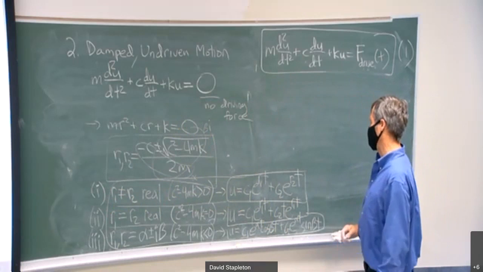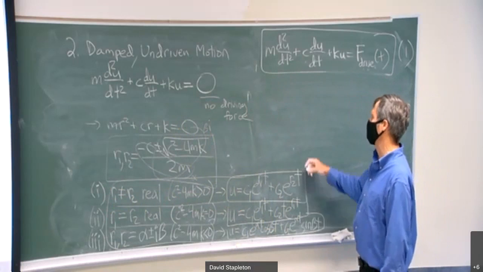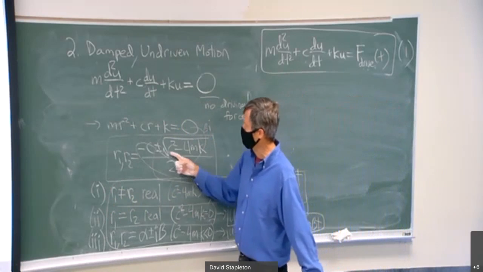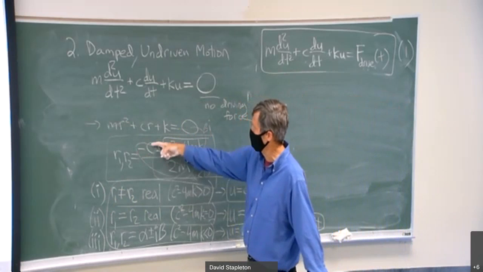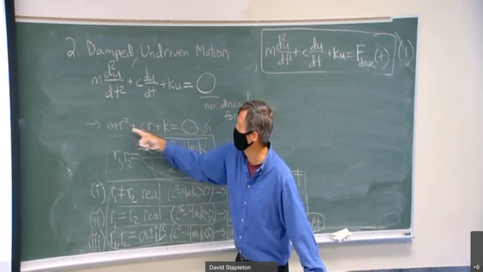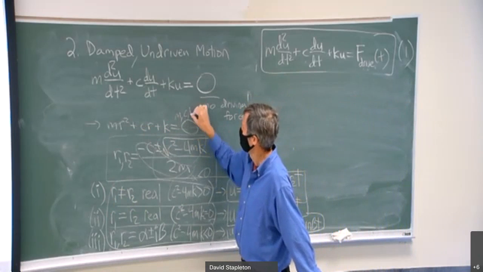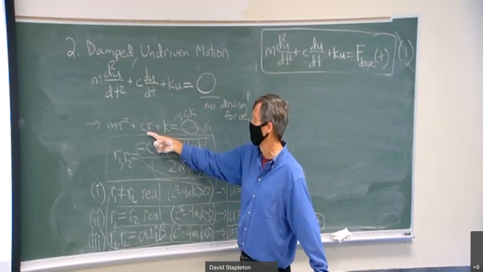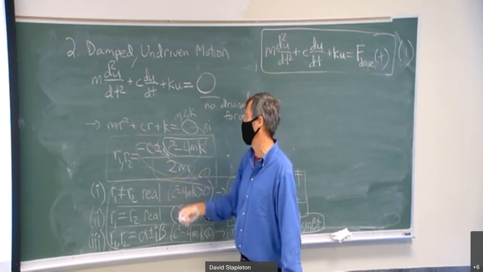So what happens in these three cases? Well, regardless of the initial conditions, what happens is this. If you look at alpha, it's minus c over 2m. Alpha is always negative, right? m, c, and k are positive because they're physical positive constants. k is the spring constant, it's positive, so it's damping. c is a damping coefficient, so it opposes velocity. m is mass, so it's positive.